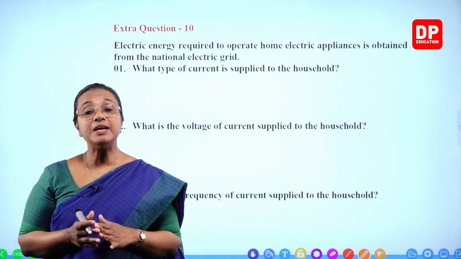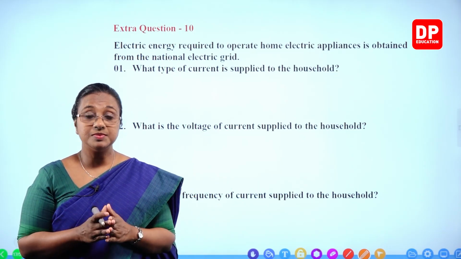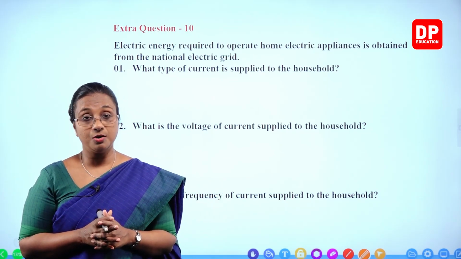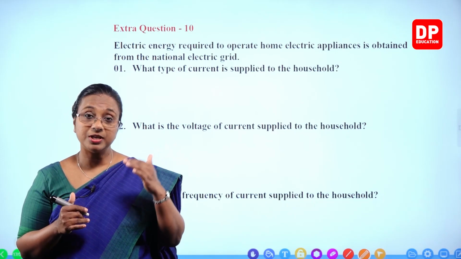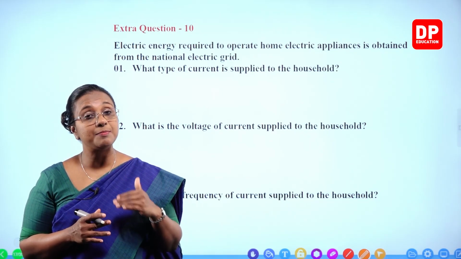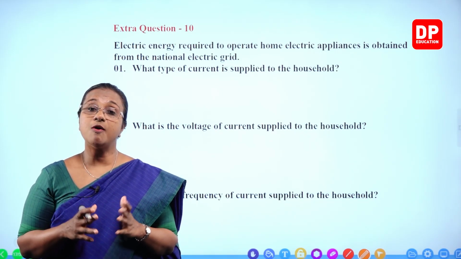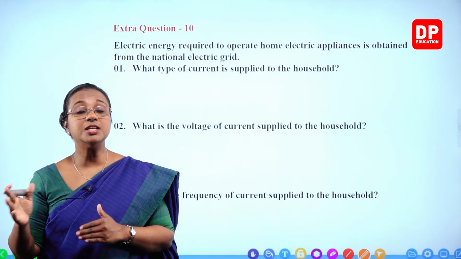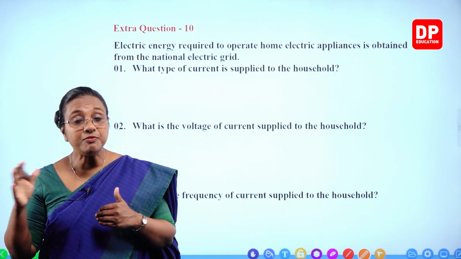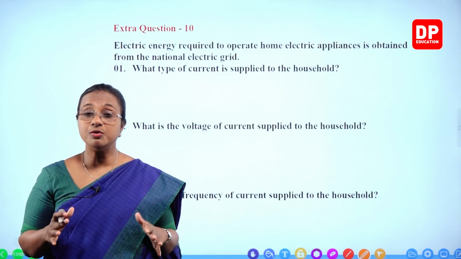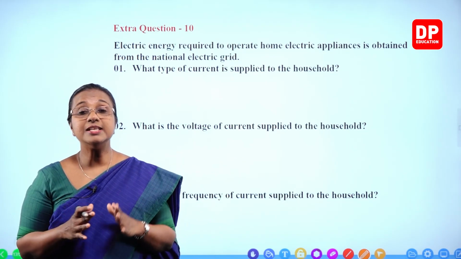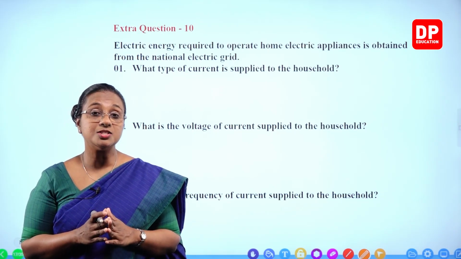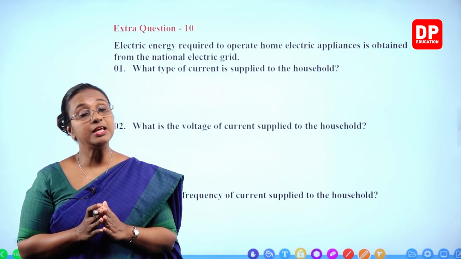But then from the sub-centers where the electricity is supplied to households, there again the potential is reduced using a step-down transformer. There, of course, the potential is reduced to about 11,000 volts. And before electricity is supplied to the household, using the distribution wires, the potential difference is decreased to 230 volts.